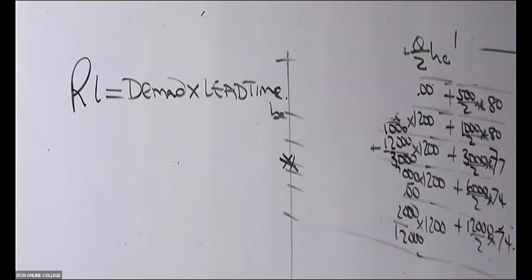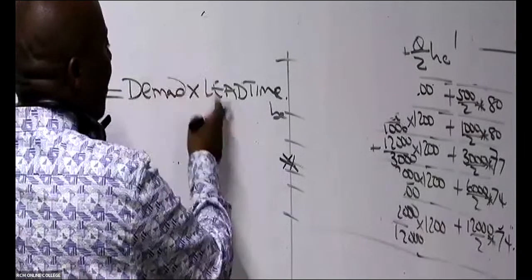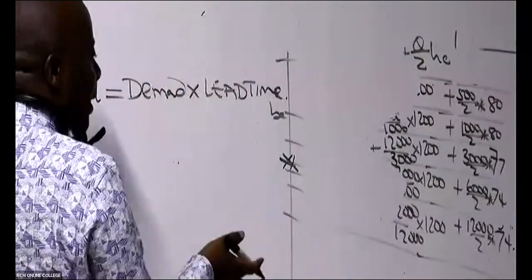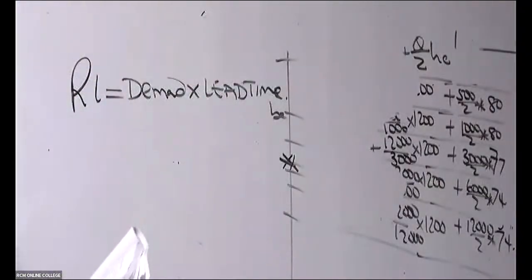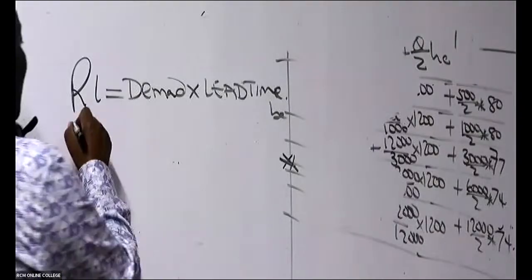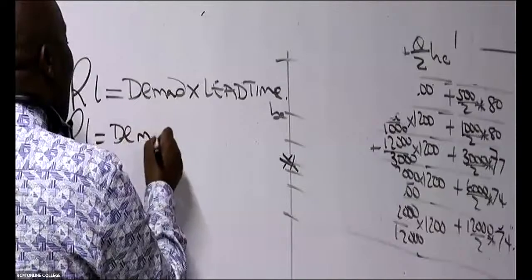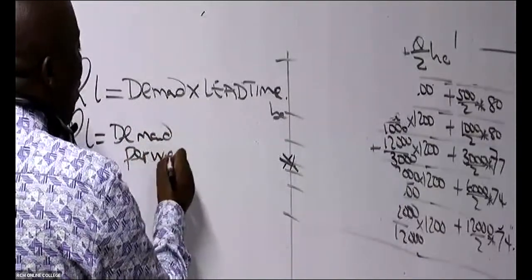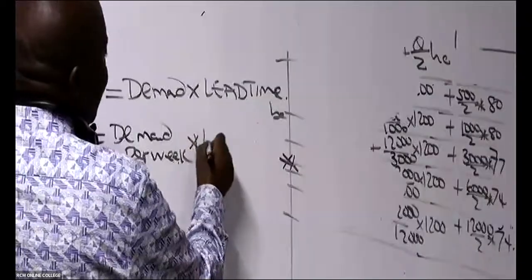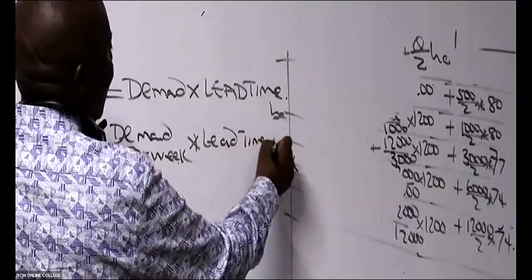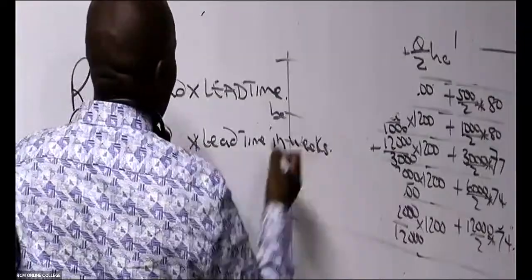You must know whether the lead time is in days, weeks, etc. The lead time we are given here, in note number 6, is 3 weeks. So the reorder level will be demand per week times lead time in weeks.